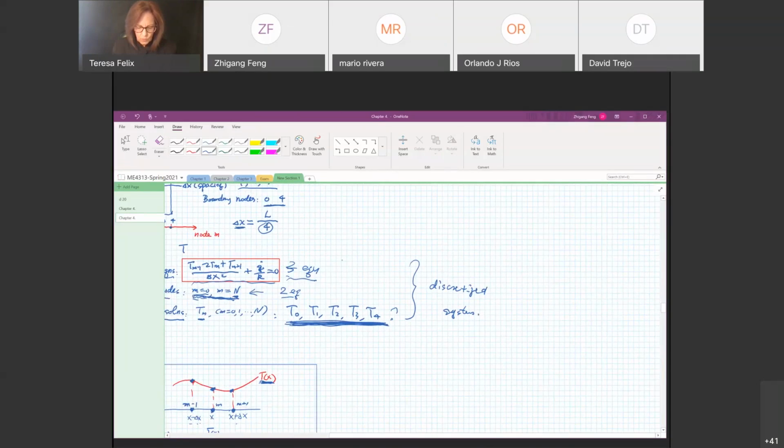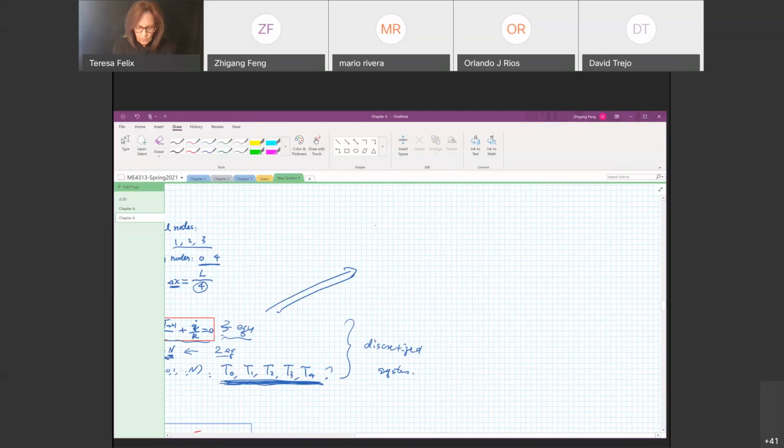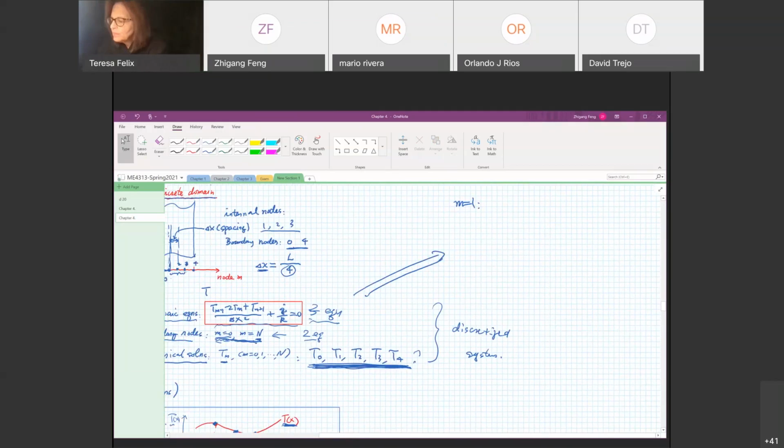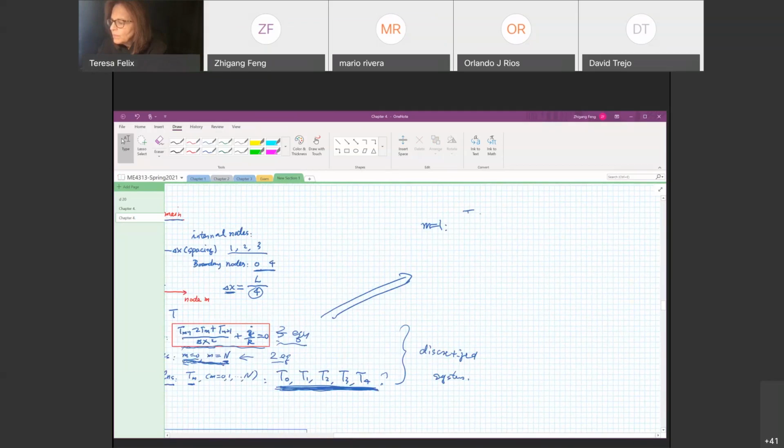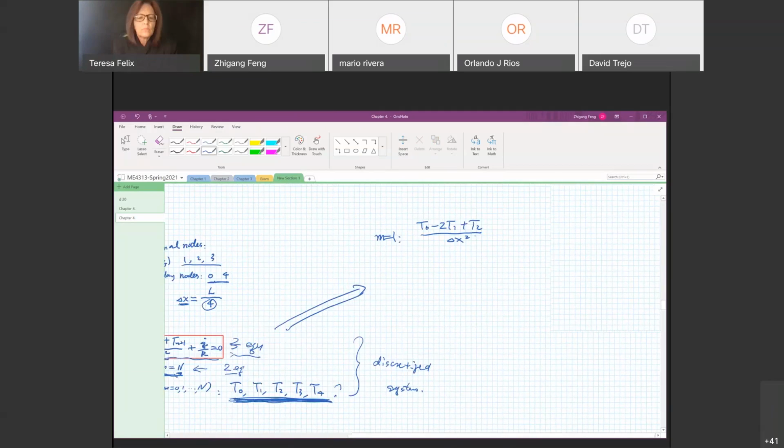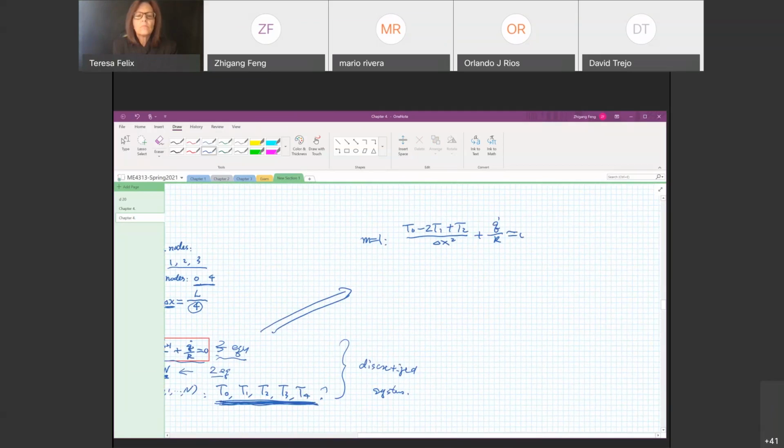So let me move it here. Let's say the node point m equal to 1. When m equal to 1, go back to this equation, m minus 1 will be 0. So I have T0 minus 2 T1 plus T2 divided by Δx squared plus q dot over k equal to 0.